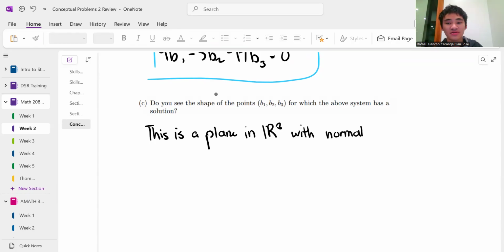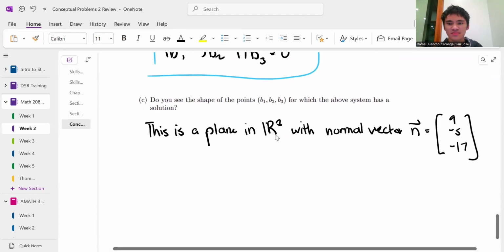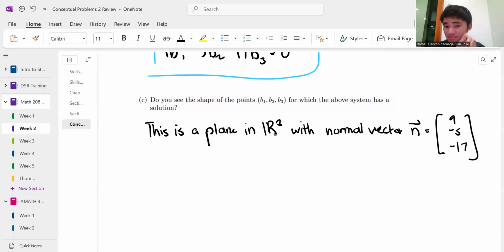So going back from calculus 3, let's say n, 9, -5, -17. So it has that normal vector n. And it also passes through the origin.